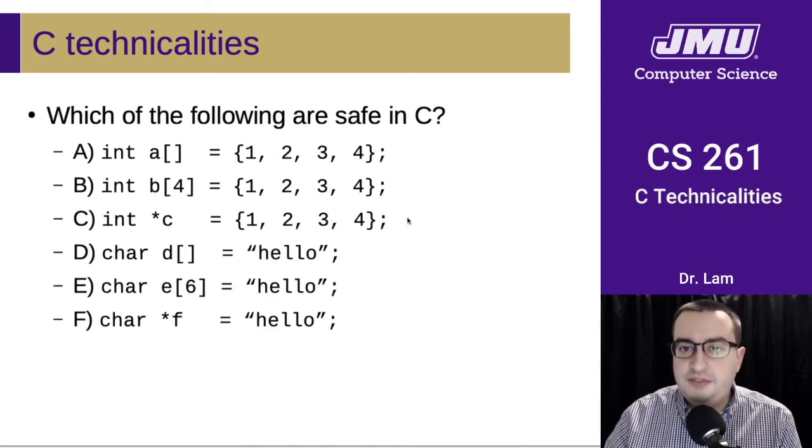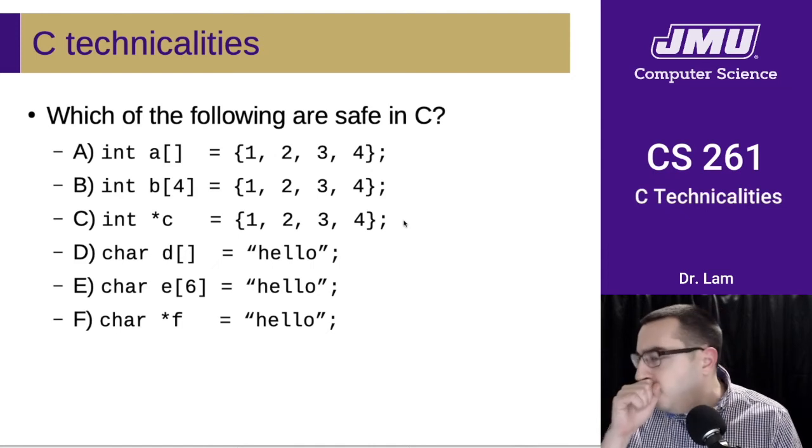This should feel a bit off, and in fact this is considered to be unsafe in C, and the reason is that it will take this array and try to copy this entire array into this pointer, and the pointer is just a single element, and so this is going to cause a reference outside or past the edge of the pointer itself. And so this is an unsafe thing.